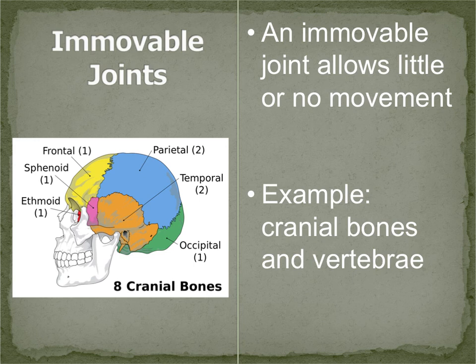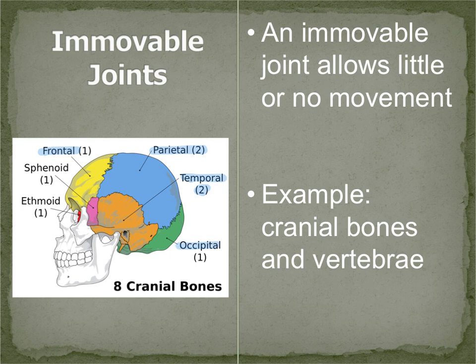If we look at the cranial bones here, we're going to name these as well. The frontal bone, of course, is in the front, so that kind of makes sense. The parietal bone, there are two of these, one on each side. The temporal bone, there are two of those, one on each side. If you think about where your temples are, that's kind of where your temporal bone is.